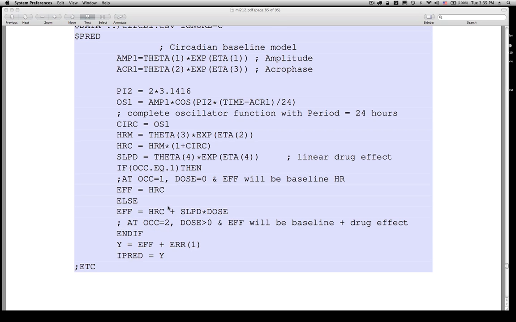So this is a simplistic way to get that sort of oscillation in place. We're assuming a period of 24 hours. And we're just allowing that baseline oscillation to be scaled according to drug effect.